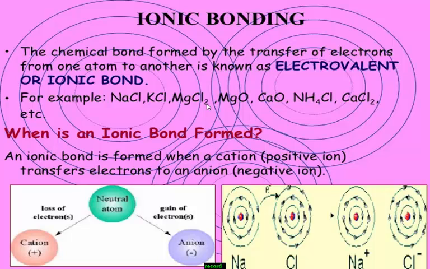You see here one cation is present, it contains positive charge, means it indicates loss of electron. A neutral atom here, and it becomes gain of electron. By gaining of electron, it becomes an ion.